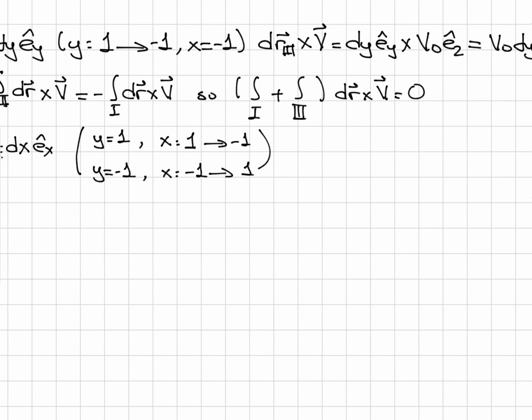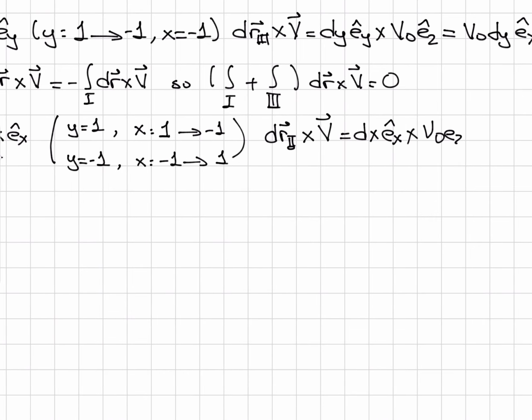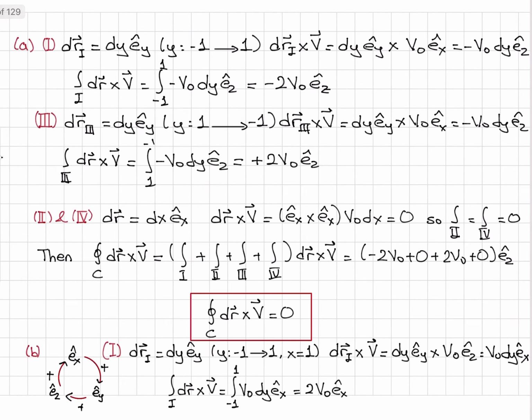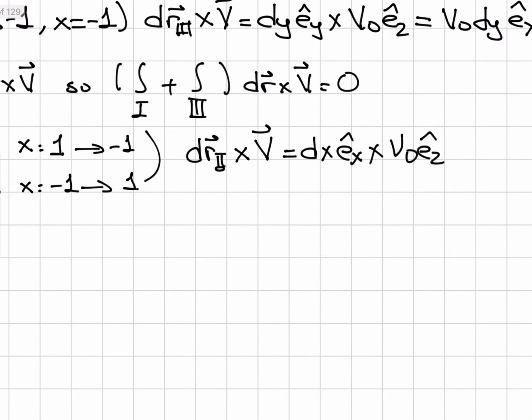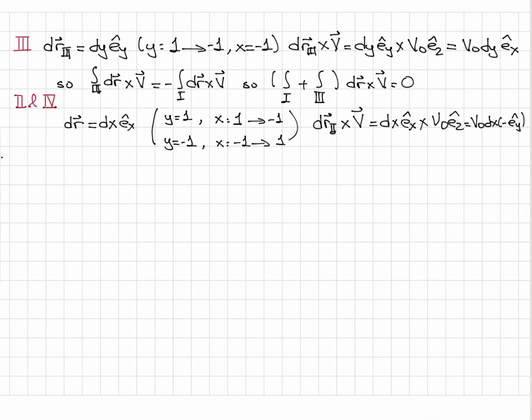Now, dr2 cross v is dx ex hat cross product with v0 ez hat. How about ex hat cross ez hat? Ez hat cross ex hat is ey hat, so ex hat cross ez hat is minus ey hat, in the negative direction. So this will give us v0 dx in the minus ey hat direction.